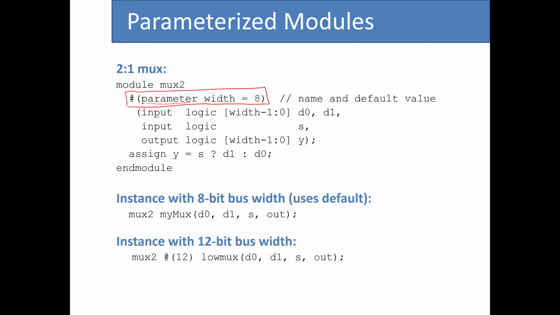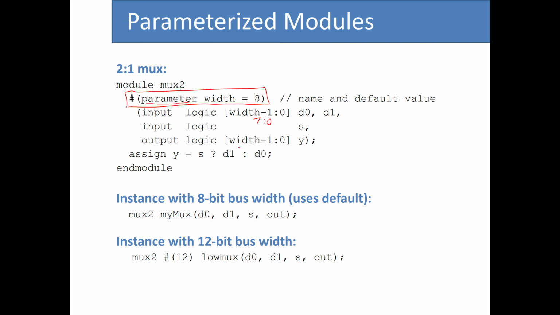So for the inputs, we have input logic, and we have width minus 1 colon 0. So this, when width is 8, is going to be 7 colon 0. And that would be the size of the input variables. For the select signal, it's going to be only 1 bit, so we'll leave it at that.